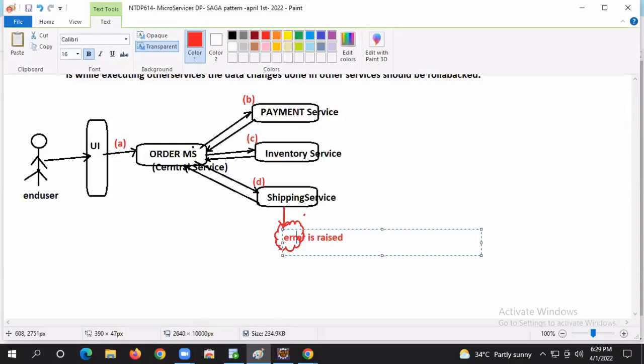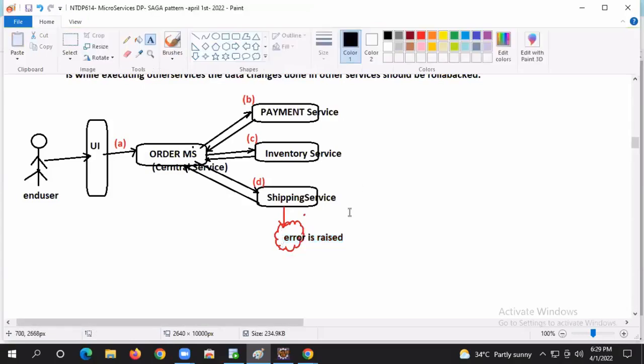What is raised, my dear? Error is raised. Okay. Tell me, what is this? Here is my error, guys. So definitely this is my error statement.